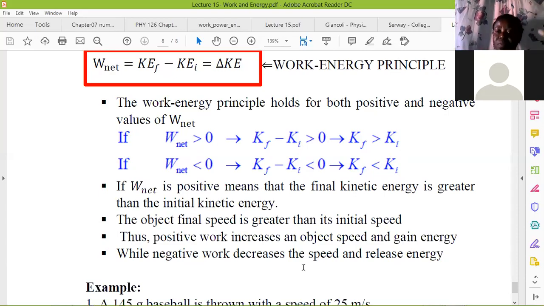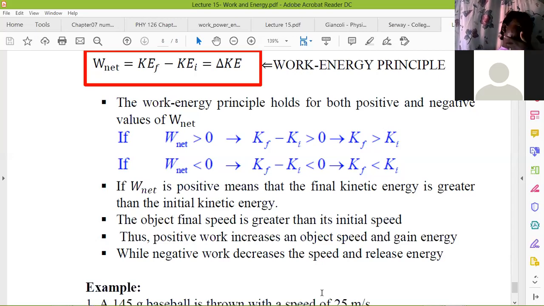The final speed is less than the initial speed. So when the body slows down, it actually releases energy, which is why the energy change is negative. While when the object is speeding up, it is actually gaining more energy.